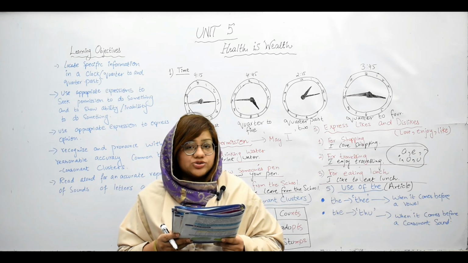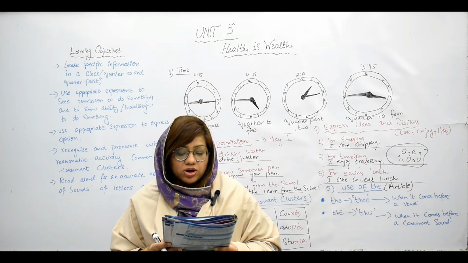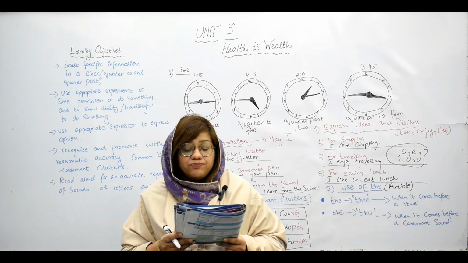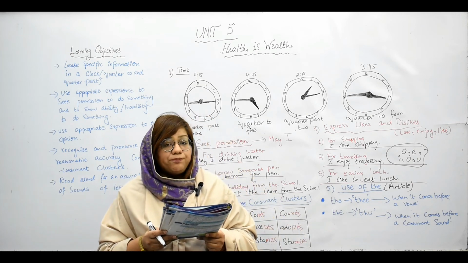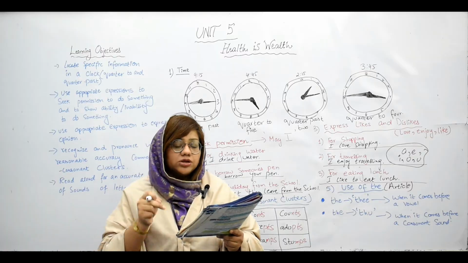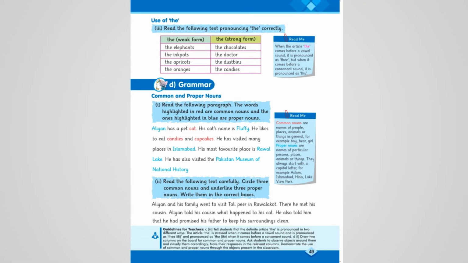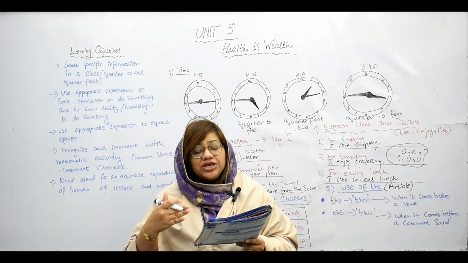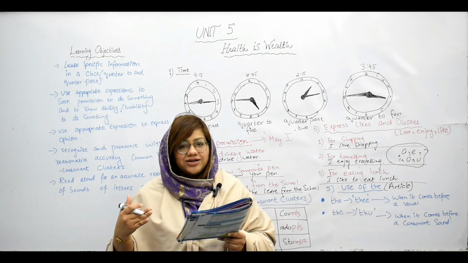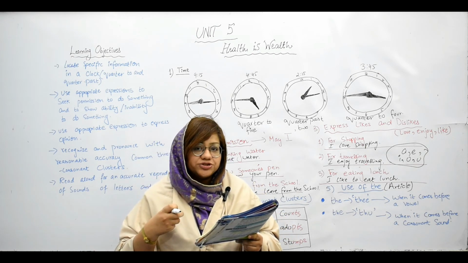Then "I": the ink pots. It is before a vowel. I is a vowel. Then apricots, A is a vowel, so we pronounce it the apricots. Oranges, O is a vowel, so we pronounce it the oranges. So here we pronounce the article with this sound.